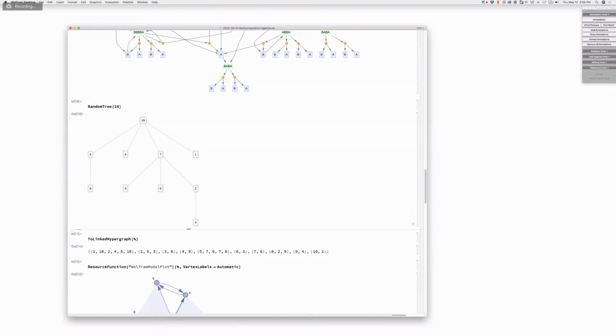I would just make a HoldForm around each second element. For this hypergraph, you do Map with HoldForm, give it a hypergraph, and a list of all, comma 2.